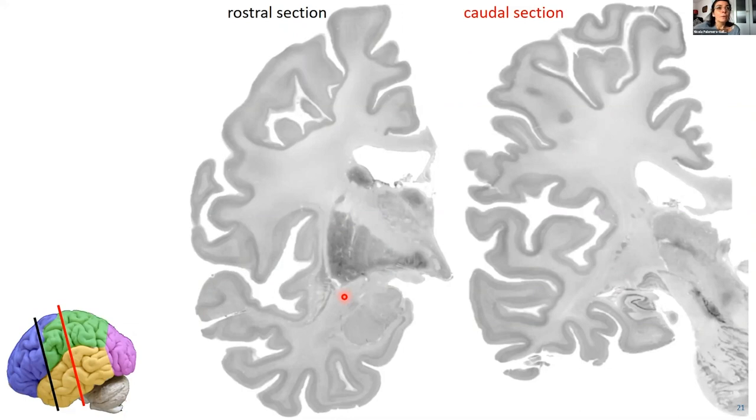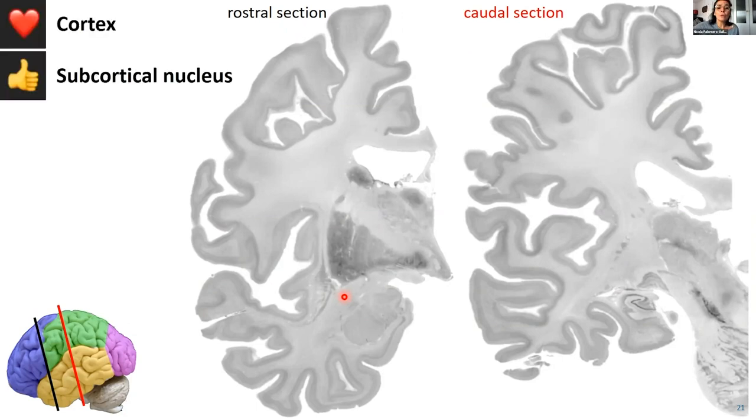And what I'd like to do here is, again, a bit of interaction with you. I want you to use the emojis, because I'm going to place my laser pointer on a part of one of these sections, and I want you to tell me if you think the laser pointer is on a cortical structure or on a subcortical structure.